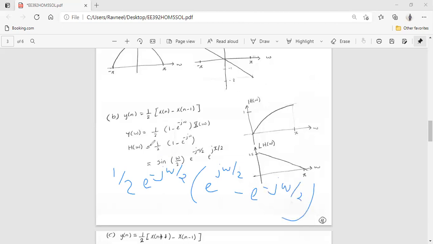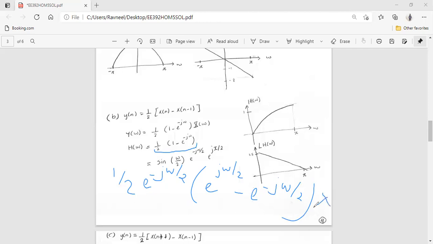We can rewrite this term as this. Then from this, if we need to write it in terms of sine, we can multiply top and bottom with j, right? So basically, we can multiply this part.